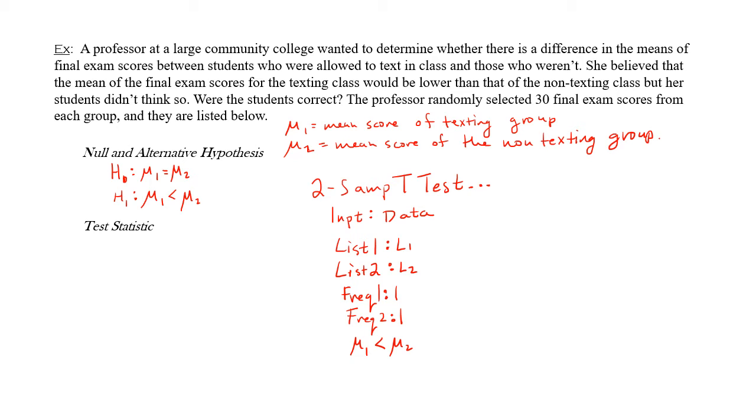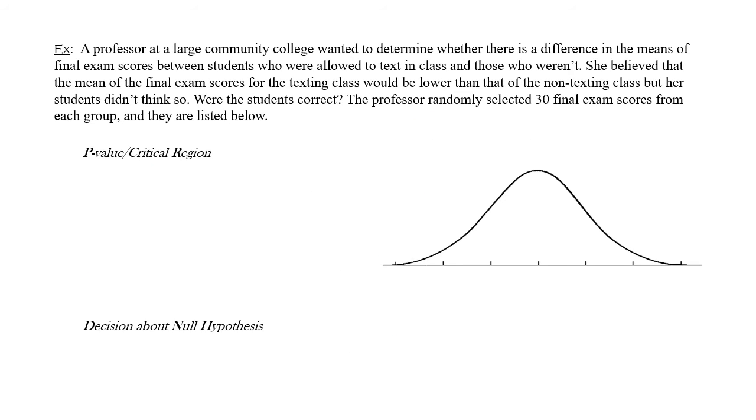And then of course pooled will always be no. So the test statistic that we get is the t-score, -3.228. It also gives us some other information, but let's look at the next slide and we'll make our conclusion.